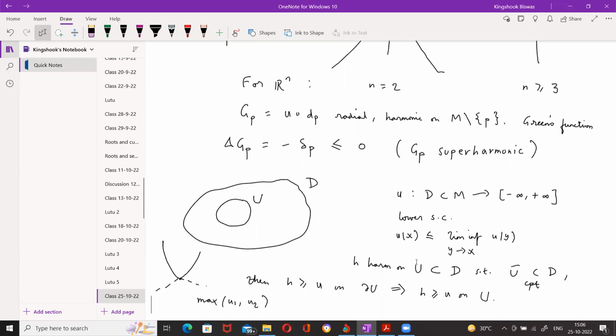It can't be too bad. At worst, it's a measure. I think this is true, but I have to look it up. But this definition of subharmonic using comparison with harmonic functions, we will use later in the course.